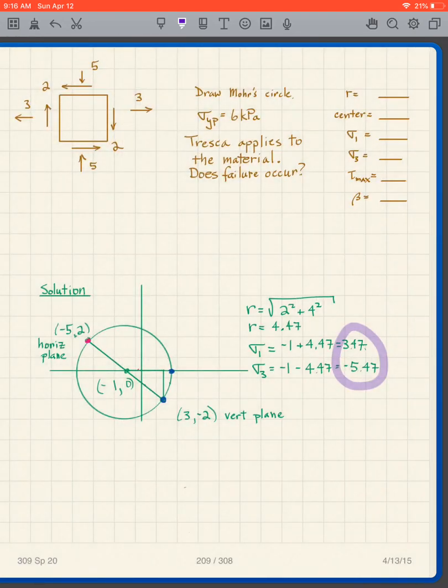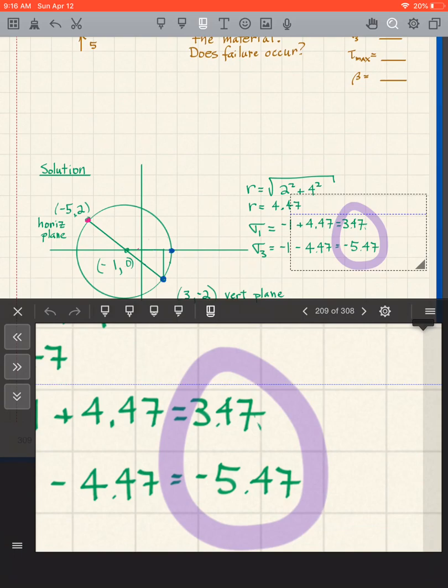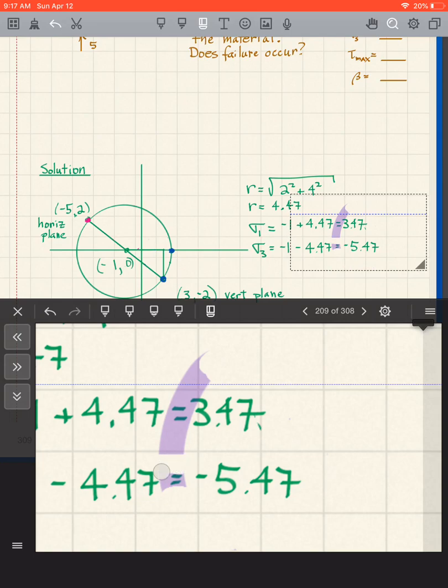And let me just clean that up for a second for you. So what we're going to do is plot these two values on the Tresca hexagon. So we have to make the Tresca hexagon first. How do we make the Tresca hexagon? We do it using the sigma YP value given. The sigma YP value was given to be 6 kilopascals.